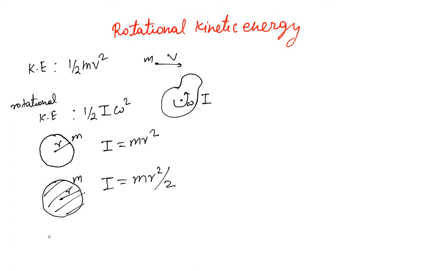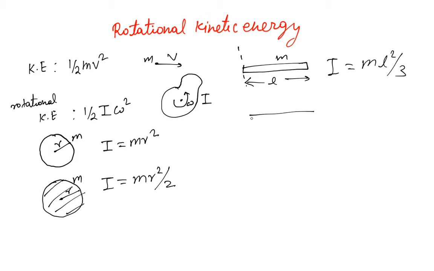And for a stick about this axis, we already have calculated. I is given as, this is the length L of mass m, mL squared over 3, but if you hinge it in the middle, then I is mL squared over 12.